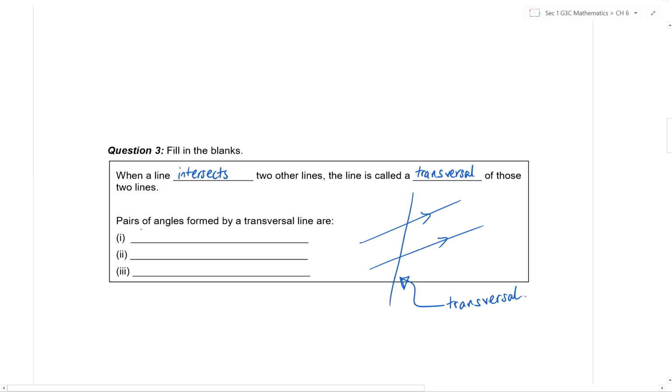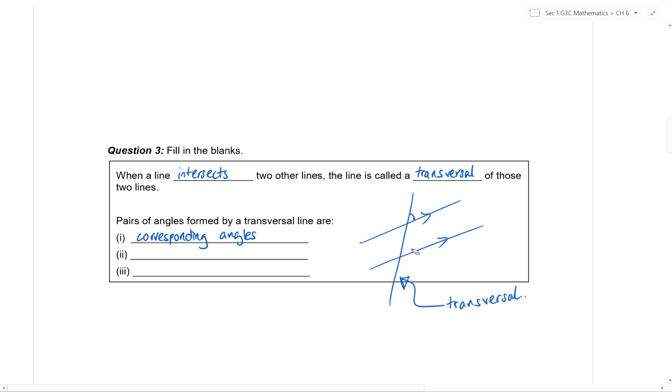So the pairs of angles will be our corresponding angles. In this example, these two angles, they are corresponding angles. They have a relationship which we will explore later on.